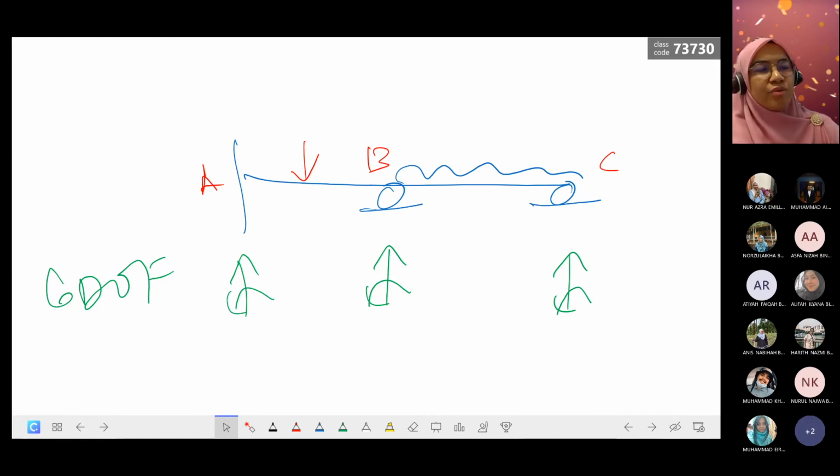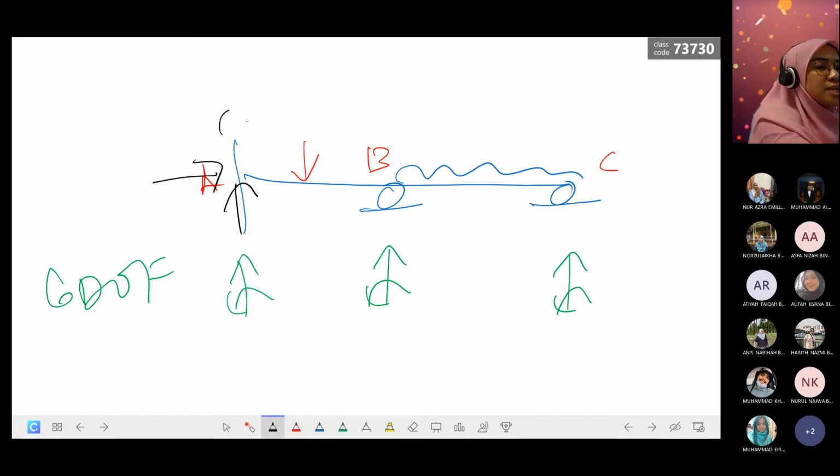Kalau kat sini kan unknown reaction. How many? Kalau you faham yang tadi, tengok beam ni, how many unknown reaction? Conventionally, biasa kita 5, kita letak sini 1, 2, 3, 4, 5, betul?